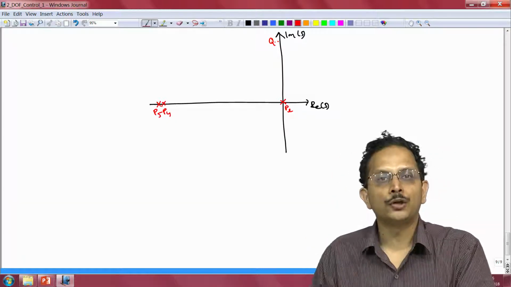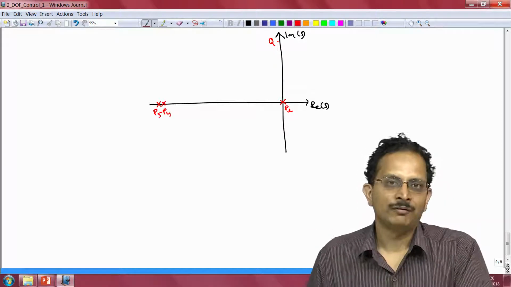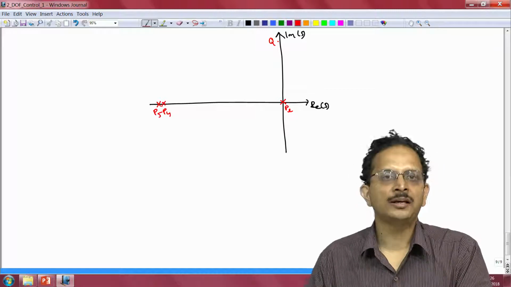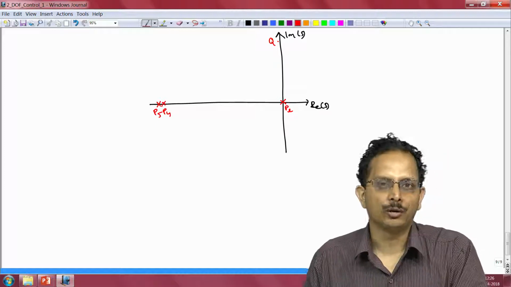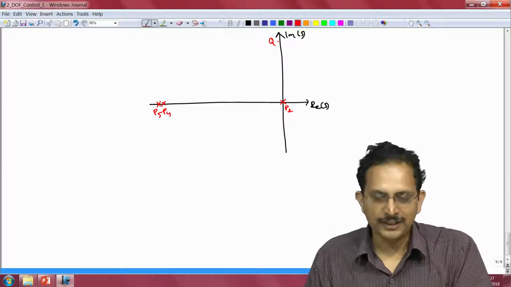Since the point q is a point on the root locus, we should have the magnitude criterion and the phase criterion of the root locus both valid at this particular location. So let us first apply the phase criterion.